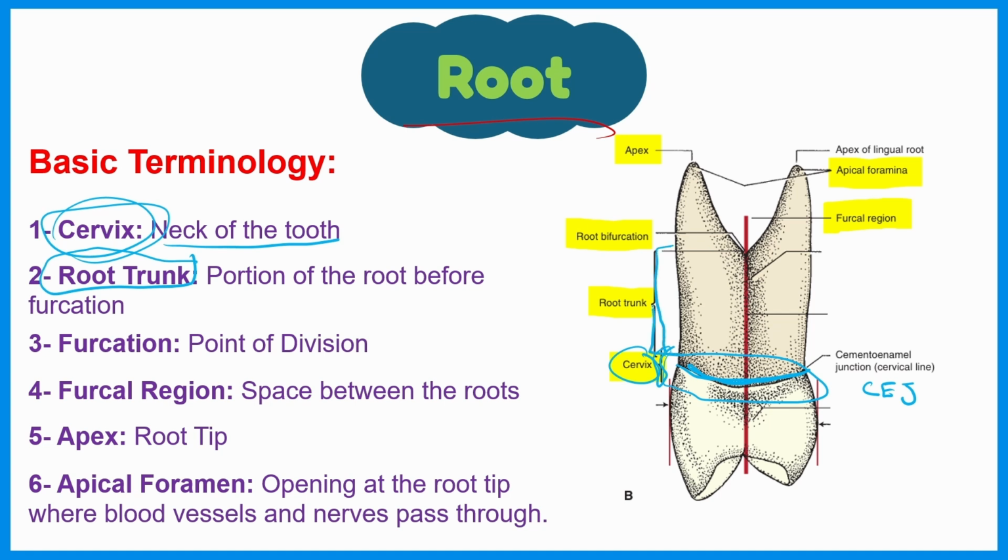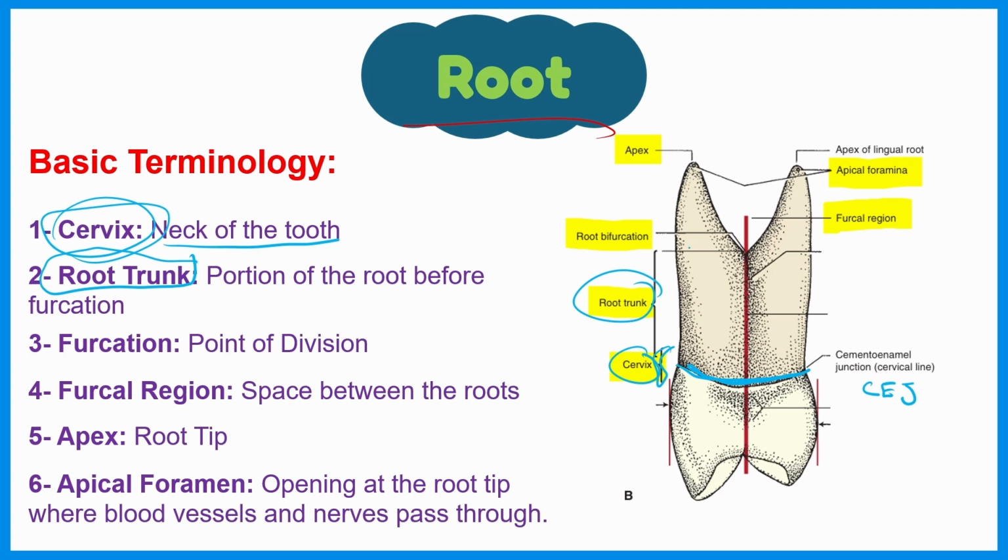That's a root trunk right there. After that it just divides. But before it divides, it's called a root trunk. Let me just delete so it's even more clear for the rest. So that's the root trunk for you.